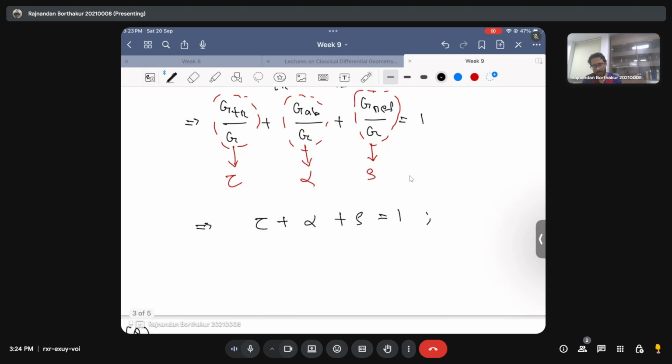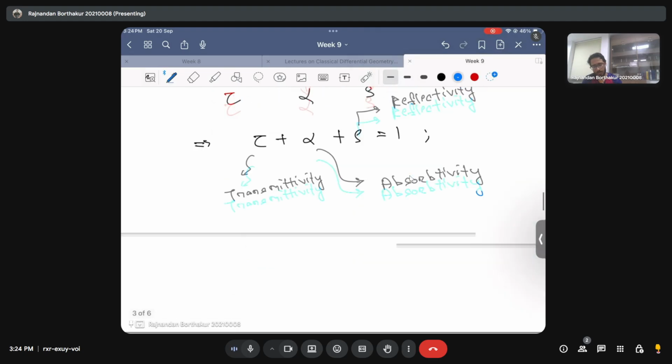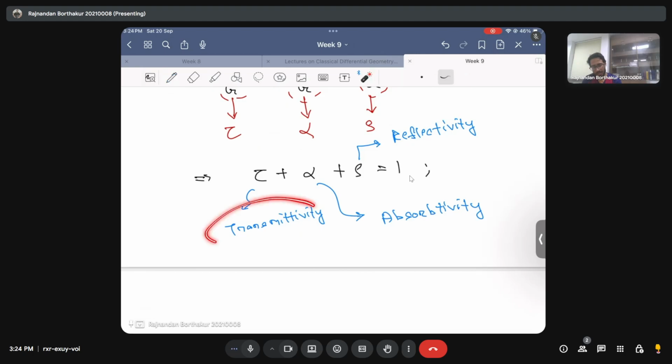So this tau is known as transmittivity, this alpha is known as absorptivity, and this rho is known as reflectivity. Now you can formally define these quantities.